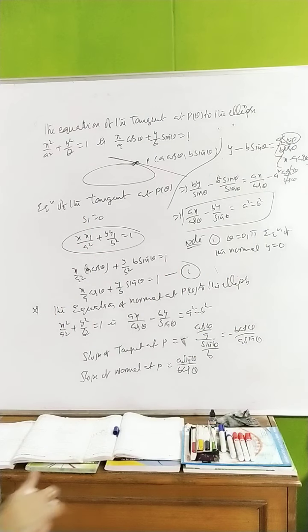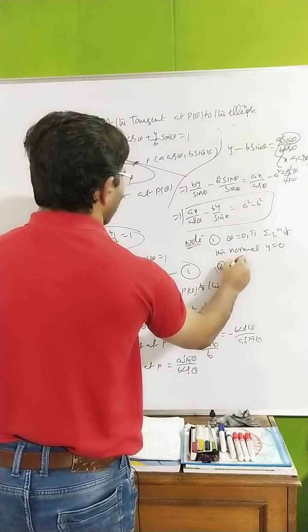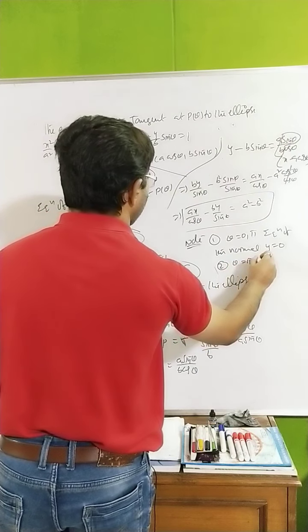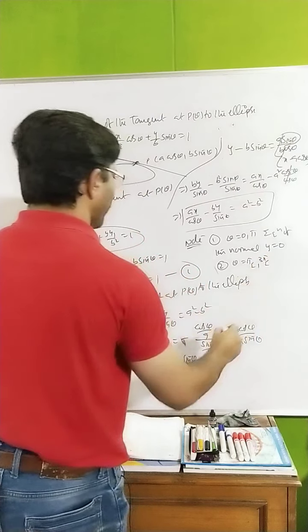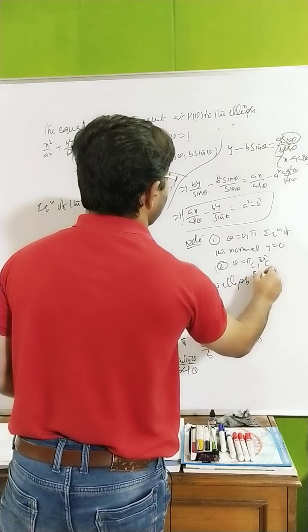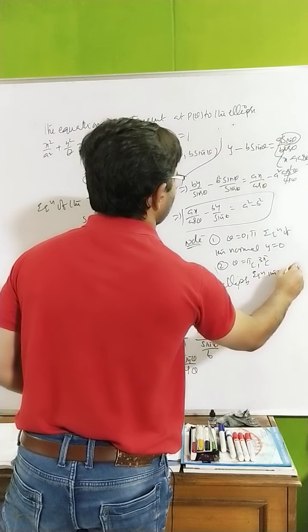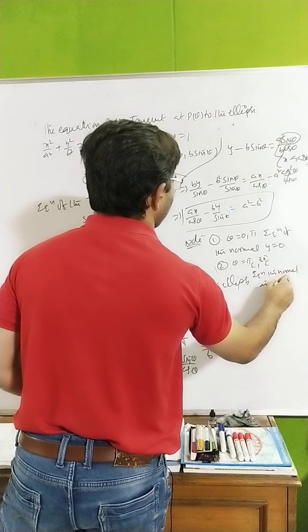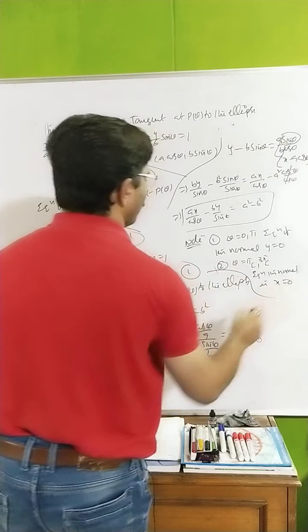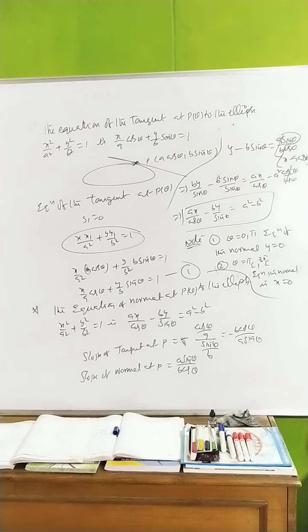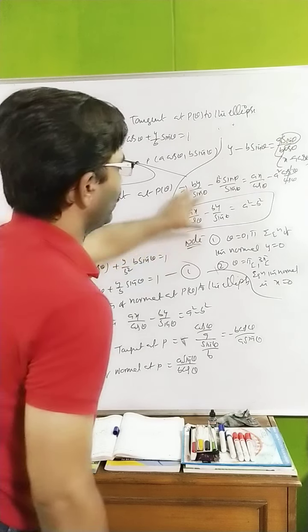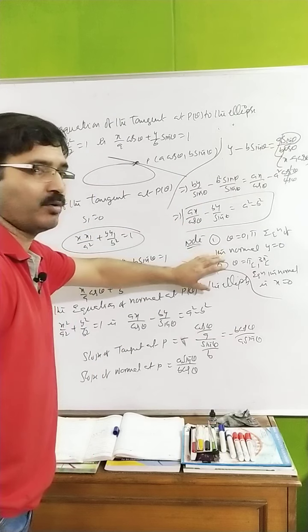And the second point is that theta is equal to pi by 2 and 3 pi by 2, at that time the equation of the normal is x is equal to 0 you will get. These are the 2 points. Please remember, it may happen. These are the 2 points related to normal.